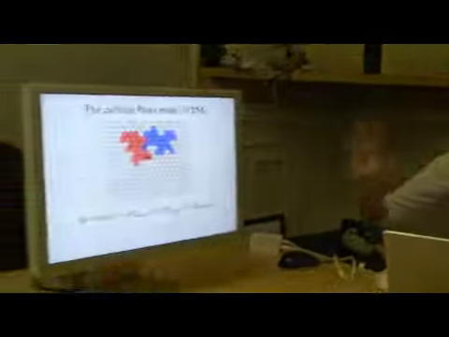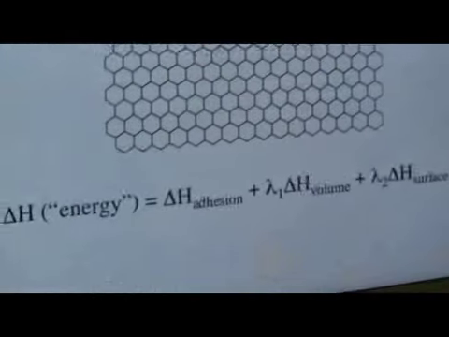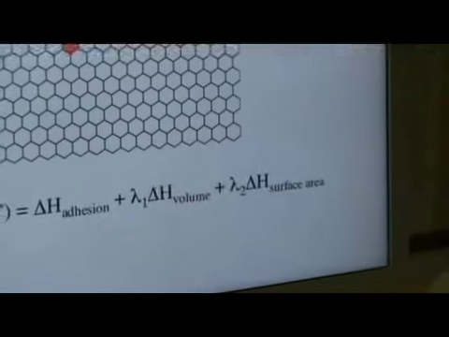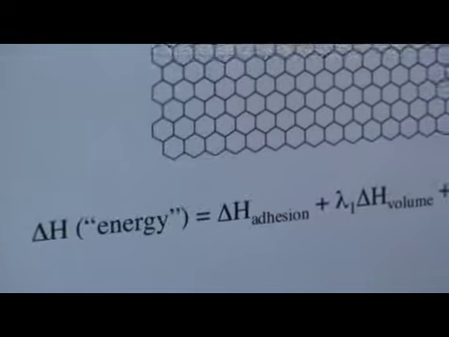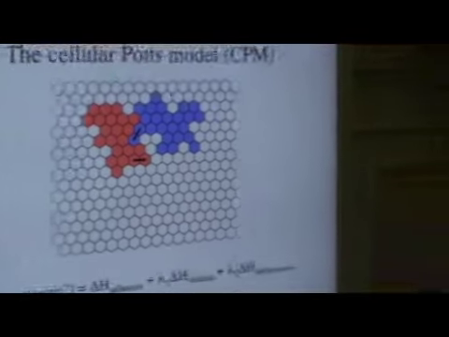Those are the constraints on the cells, and each time you do one of these moves, you can calculate, based on having a certain amount of adhesion, what's the change of energy, and you've changed the volume and surface area, and so we're also going to create basically a force that maintains the volume and surface area. It basically gives it a springiness or a resistance to being stretched or compressed.